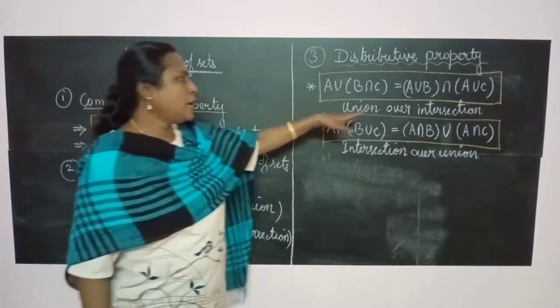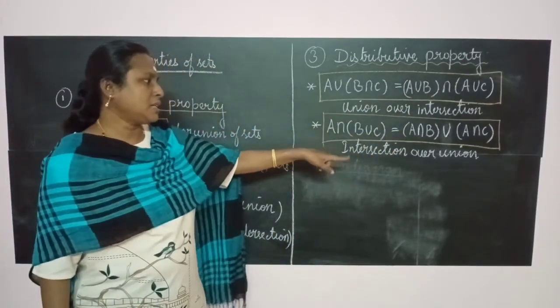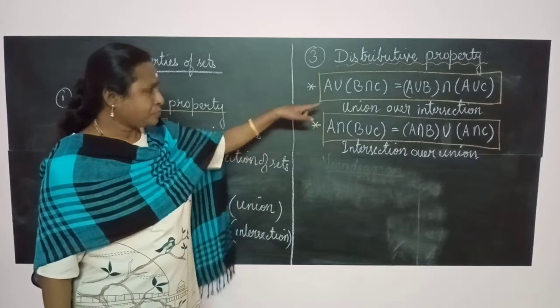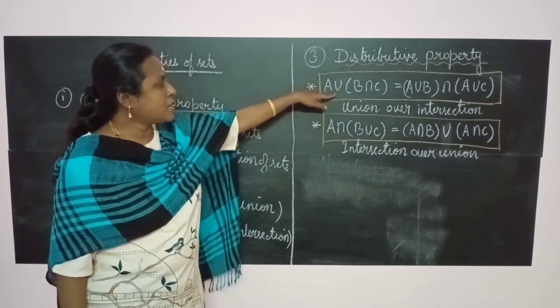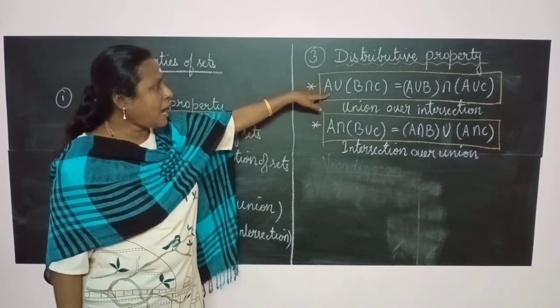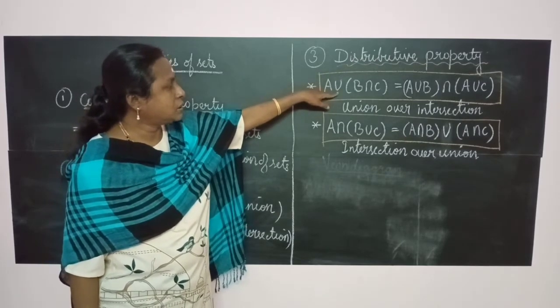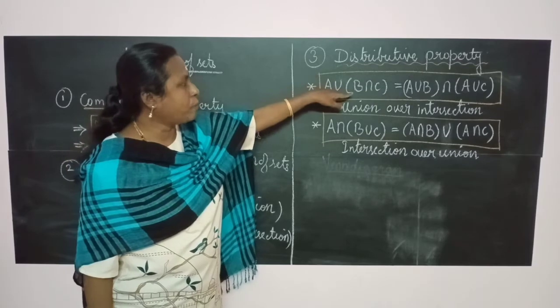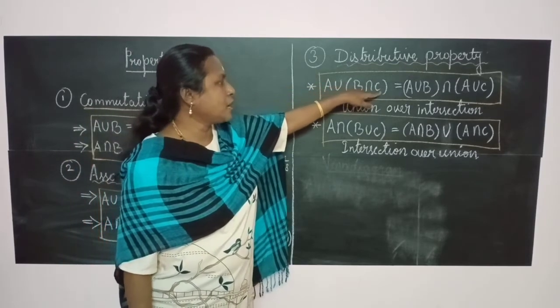One is union over intersection, another one is intersection over union. First we will see the union over intersection. A union open bracket B intersection C close bracket.